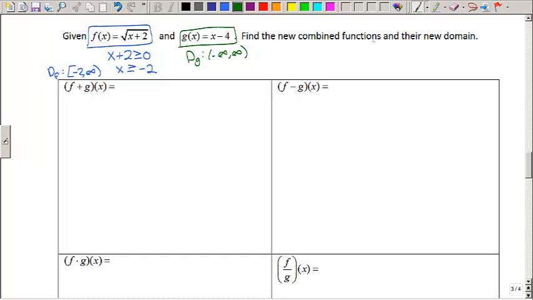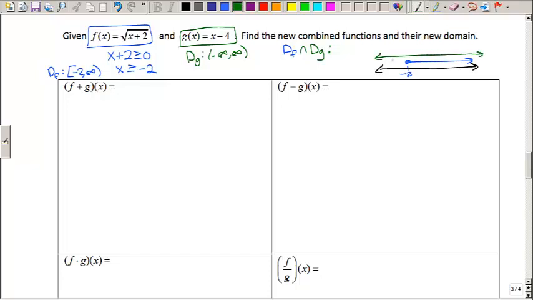So what I want to consider is if I'm going to combine the functions or take the domain of f intersect with the domain of g, what would be their new combined domain? If I graphed the blue domain, it would start at negative 2, include negative 2 and anything greater than it. If I graphed the green domain, it would be everybody.